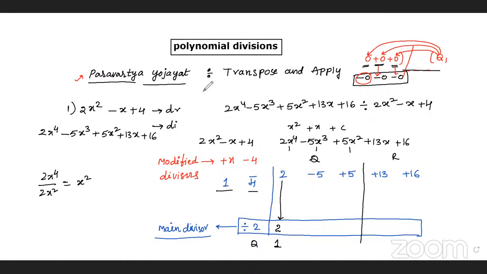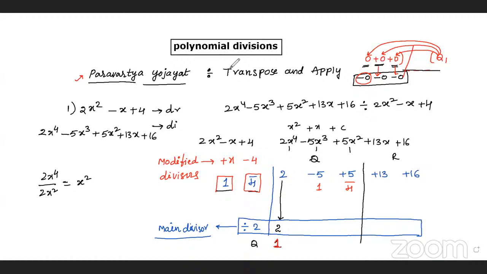One time. Now what we have to do? This one is multiplied with the modified divisors, that is 1 into 1. That is 1, and we are writing it below the -5, the next place value. So 1 into -4, we are writing in the next place, that is -4 below the +5. Is my point clear?